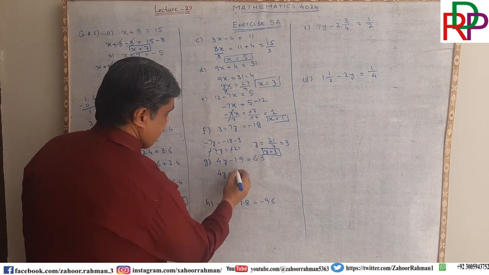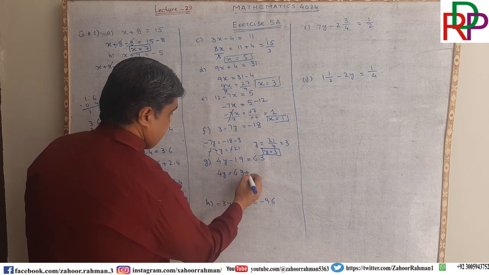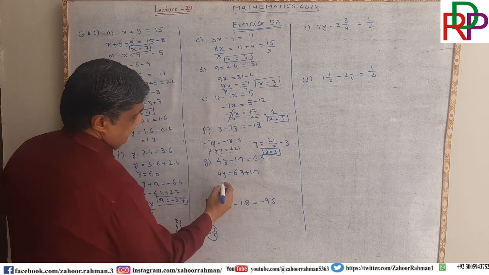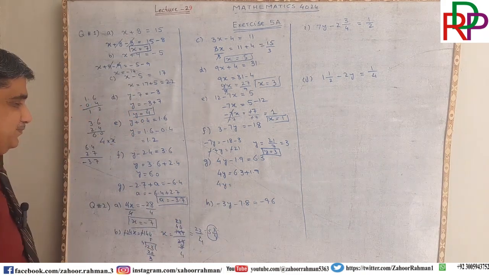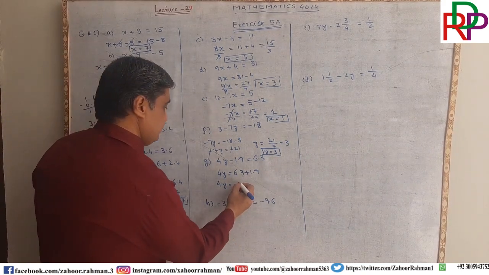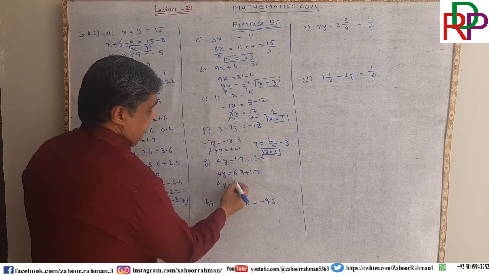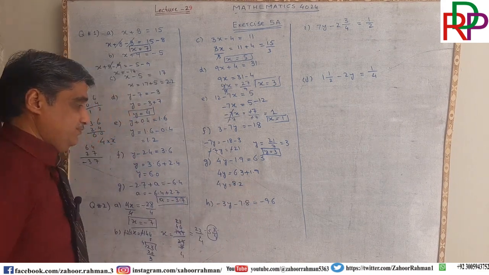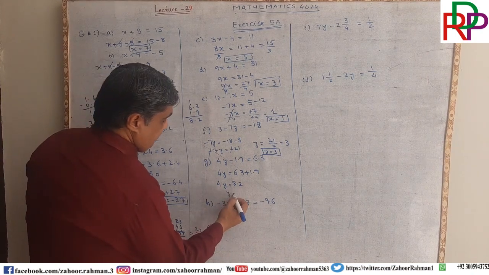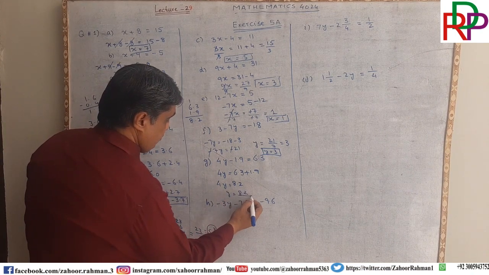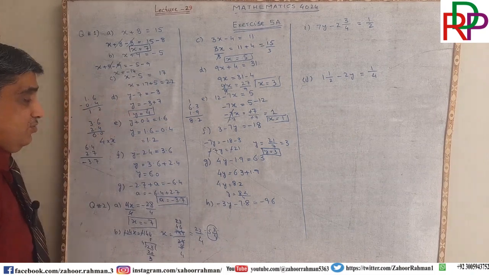4y is equal to 6.3 plus 1.9. So 4y is equal to 8.2. It is correct. So y is equal to 8.2 divided by 4.